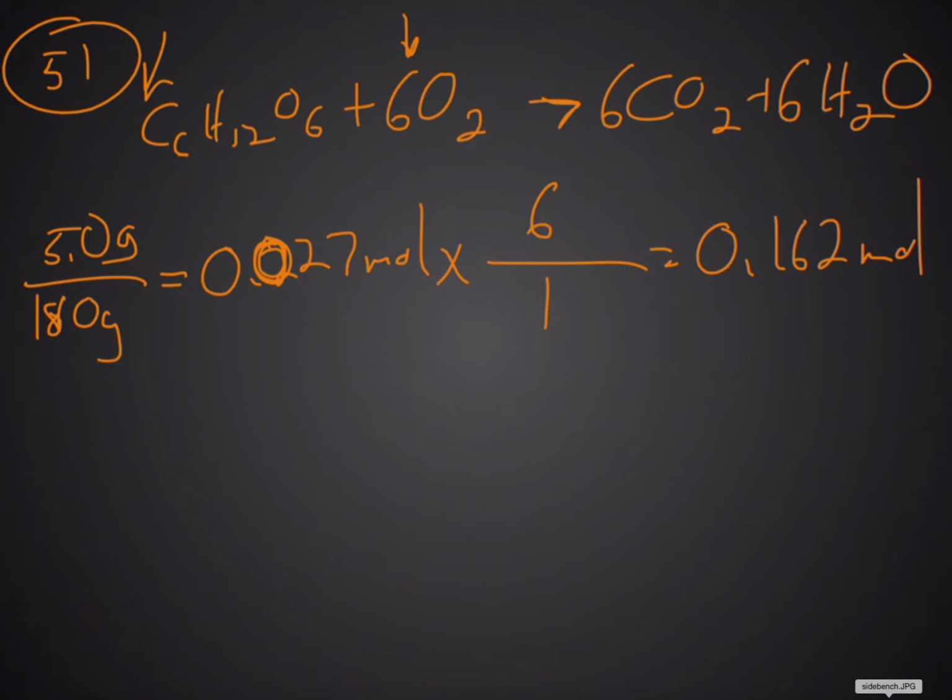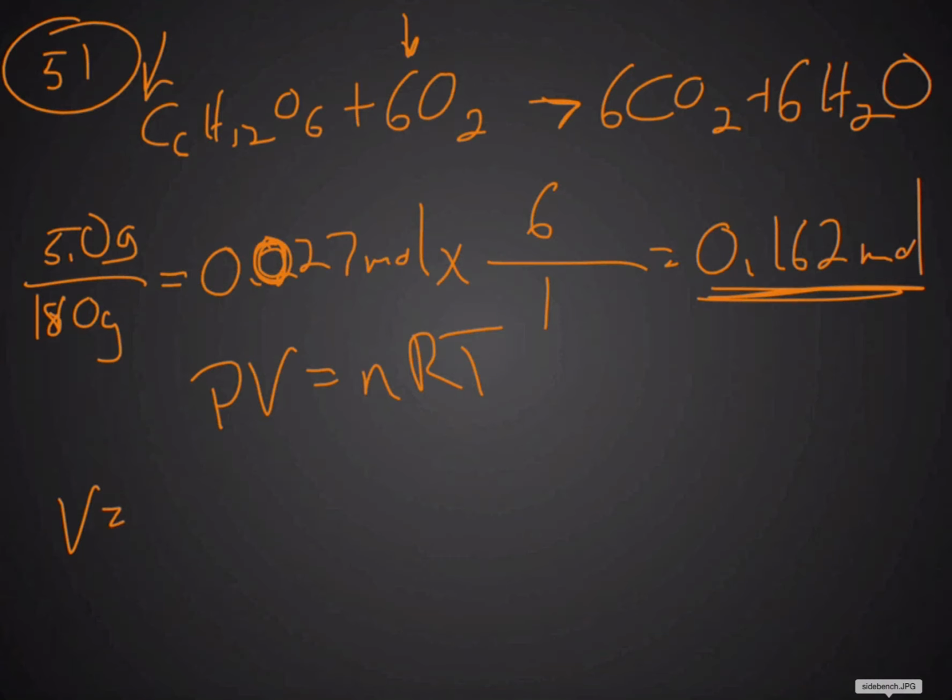And then the question is, what's the volume? And we're given a temperature and a pressure that is not standard. So we need to take the moles. We do happen to have a handy formula called the ideal gas law, in which we can take moles, pressure, and temperature and convert it to volume. We've got PV equals nRT. And so the volume is equal to the number of moles, which we just found, times the gas constant.